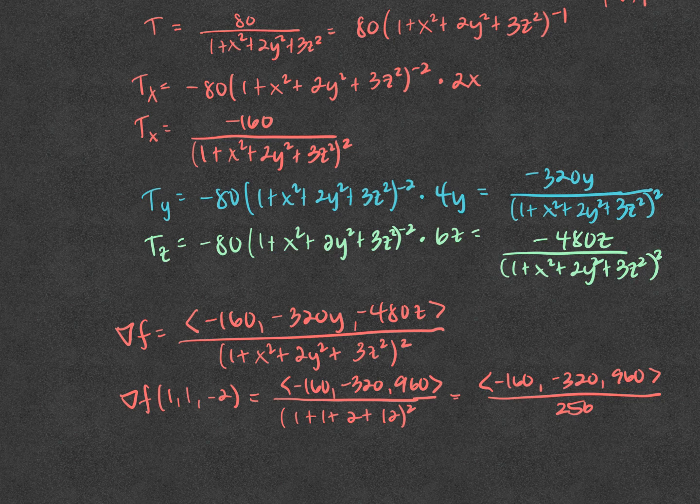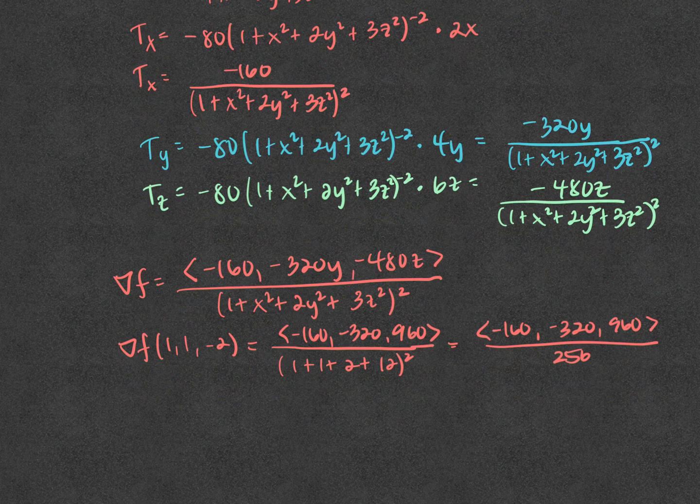Now these numbers are large, and if you think of them as a fraction, so we have the gradient of f at 1, 1, negative 2 is equal to negative 160 over 256. By the way, both those numbers are divisible by 16. Negative 320 over 256, again, obviously, and 960 over 256.